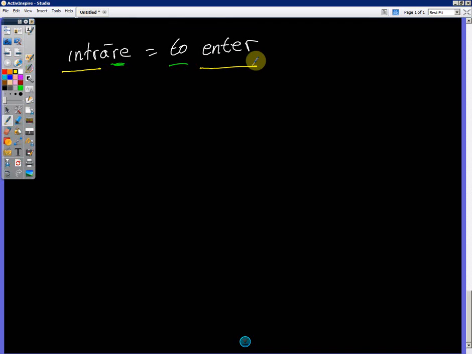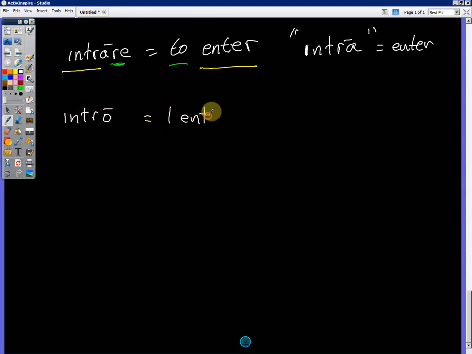Well, we know the stem, the root. Let's do that again. We know the stem, take off the re, that's the intra, that's the bit with a macron that means enter, but it slightly changes when I say I enter. We drop that A, it therefore becomes intro, means I enter. For you enter, go to the stem, intra, everything stays the same, put an S on the end.